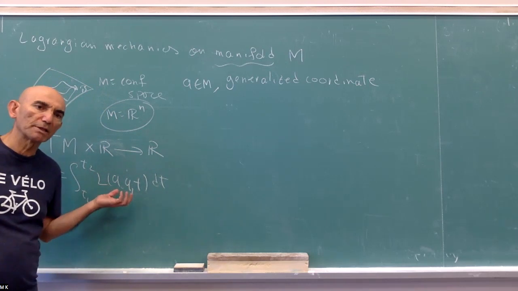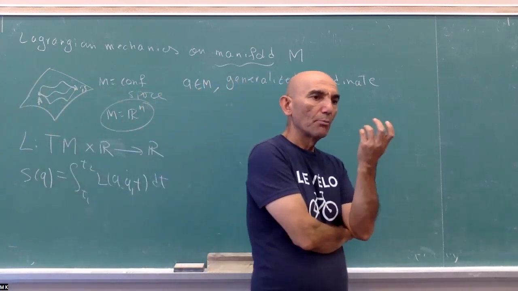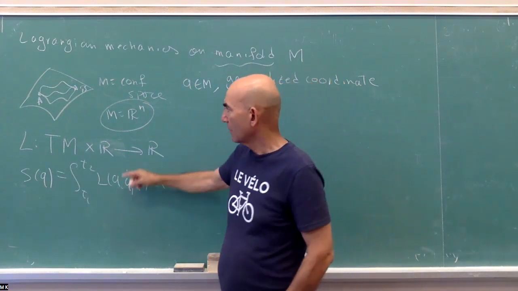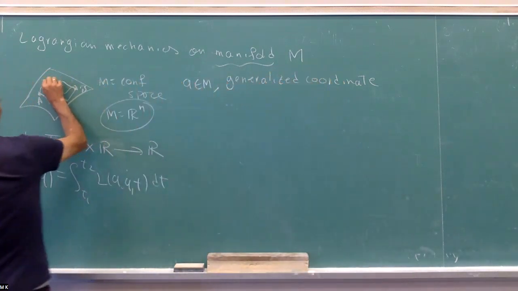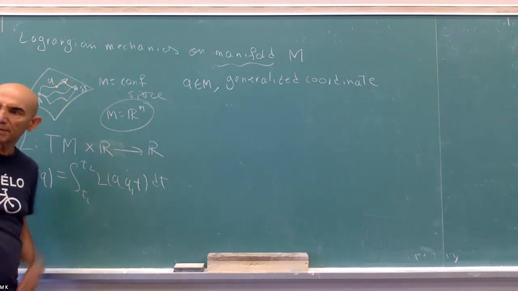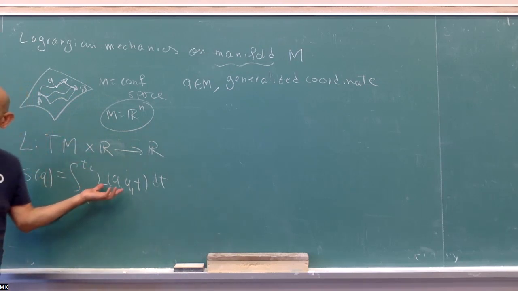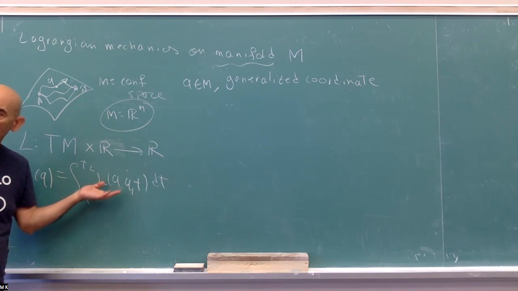Does this quantity make sense? It does, because if you have a path Q, you see Q dot at this point is a vector in the tangent space. And then at the end of the day, this is just the usual integral on the line. It's not a problem.